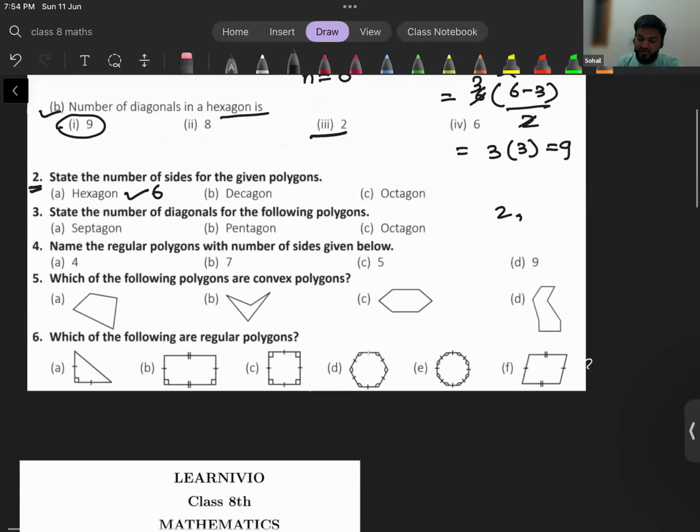Now, for the third one, number of diagonals for the following polygons. Septagon. Septagon has how many sides? Again, 7. The pentagon has 5 sides.